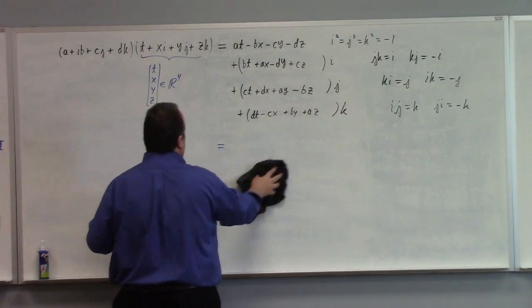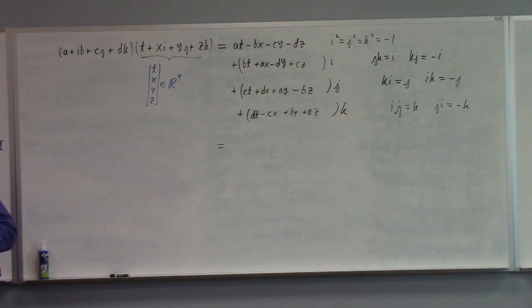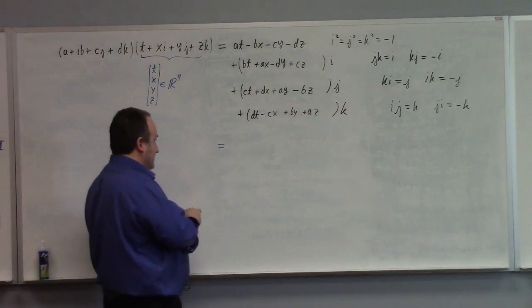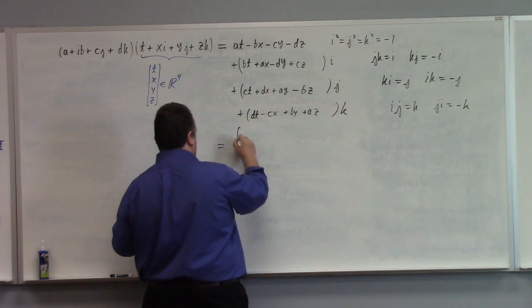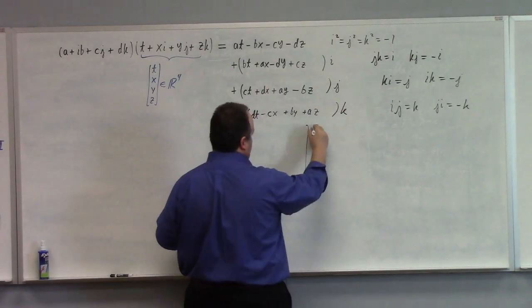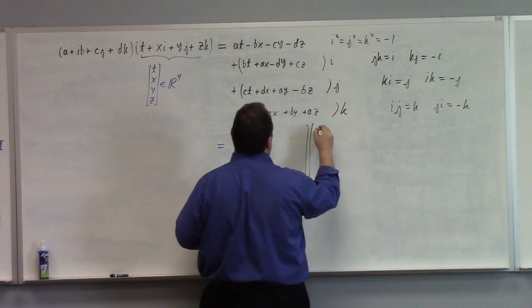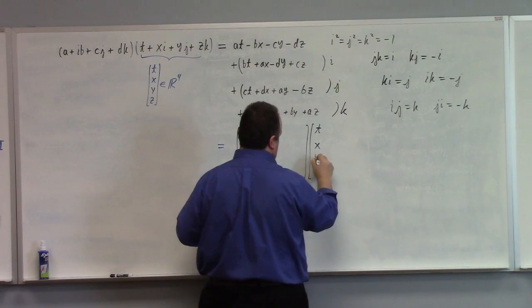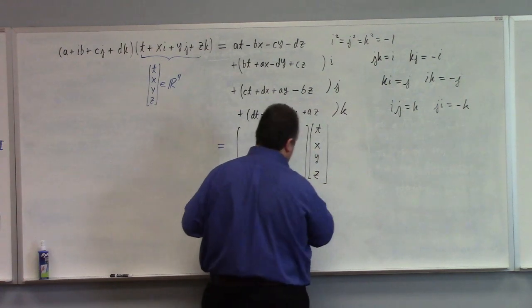What 4x4 matrix do we get? Some 4x4 matrix times t, x, y, and z.